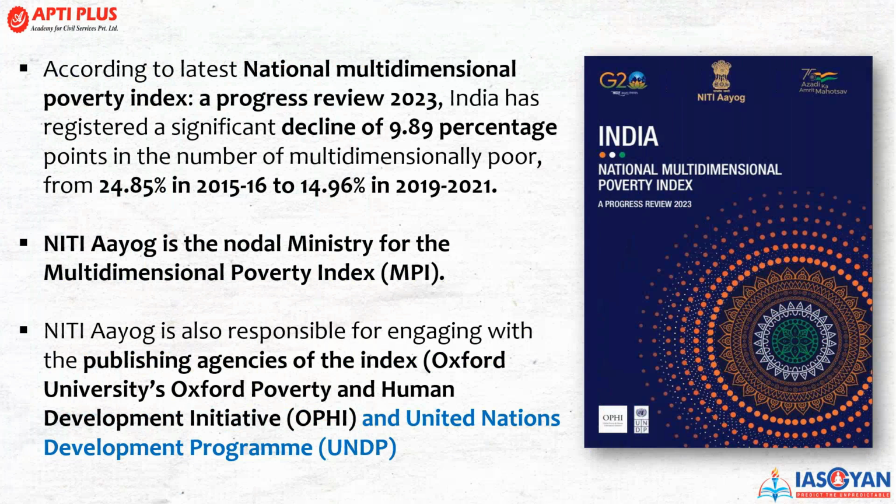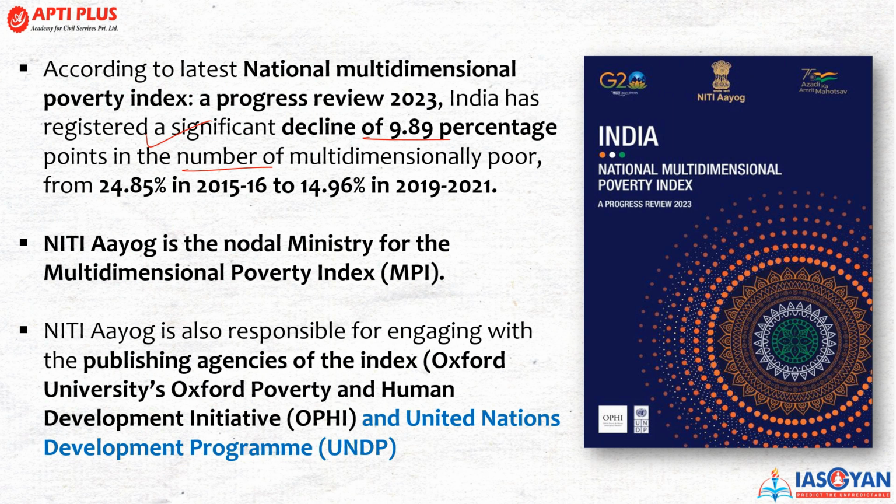Just to give you the premise and background, according to the latest National Multidimensional Poverty Index, a progress review report for 2023, India has registered a significant decline of 9.89% in the number of multidimensional poor.